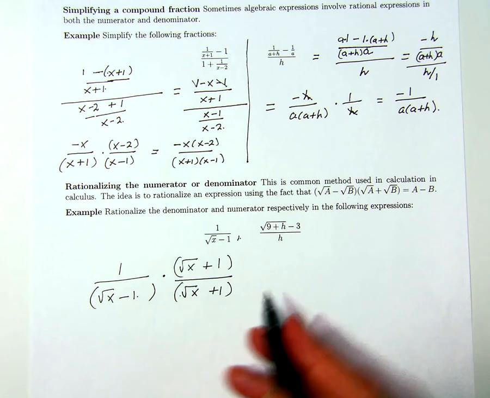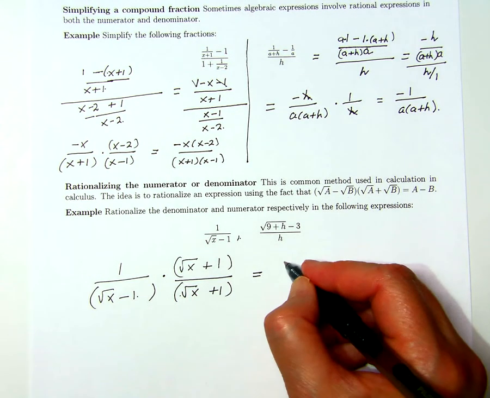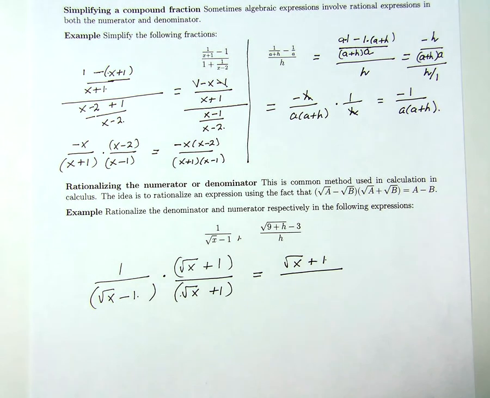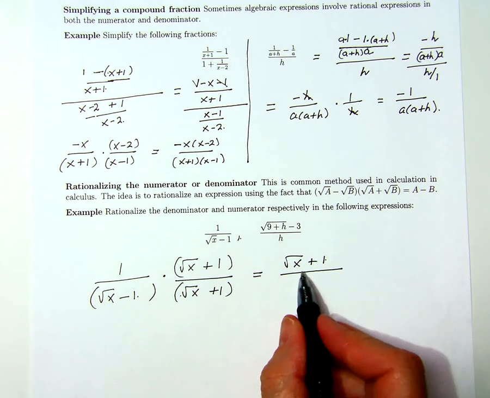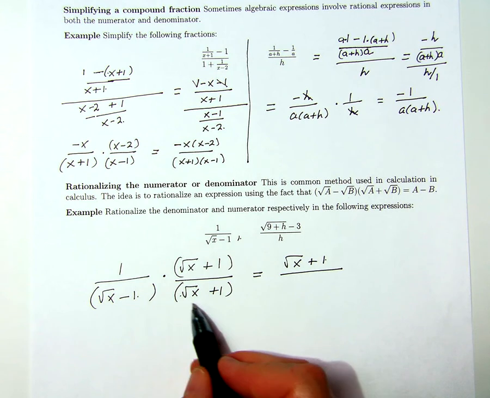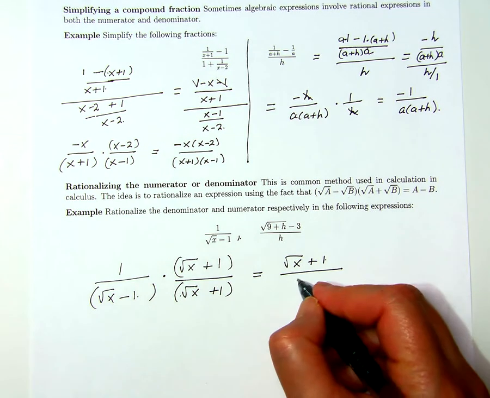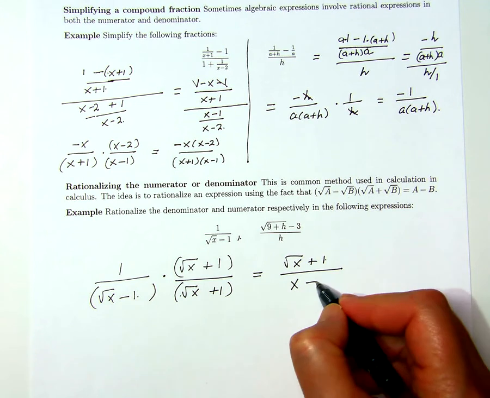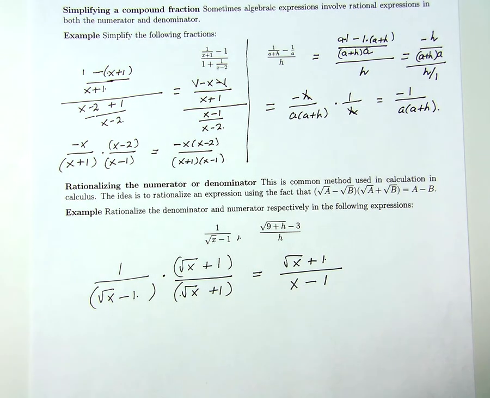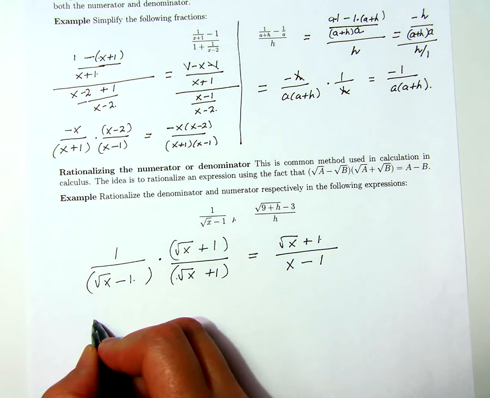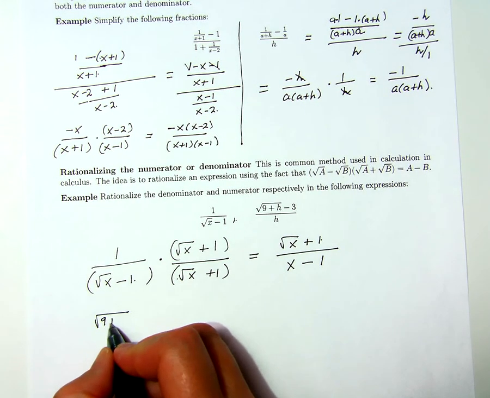Now the product of these two, so I get the square root of x plus 1 in the numerator, so the numerator becomes more complicated, but the denominator becomes simpler because this is the square root of x squared, so that's x, minus 1 squared, so that's x minus 1.